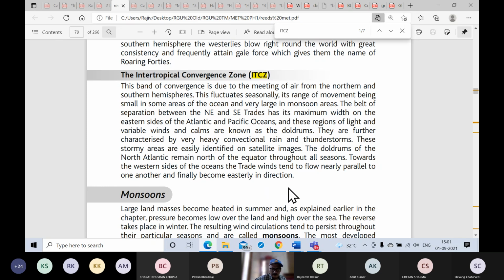And of course, you have an area recognized inside the ITCZ, which is called doldrums, because the trade winds in this part are negligible, very minuscule. They were called doldrums because they used to stop ships in their track, ships which were depending on wind for propulsion.